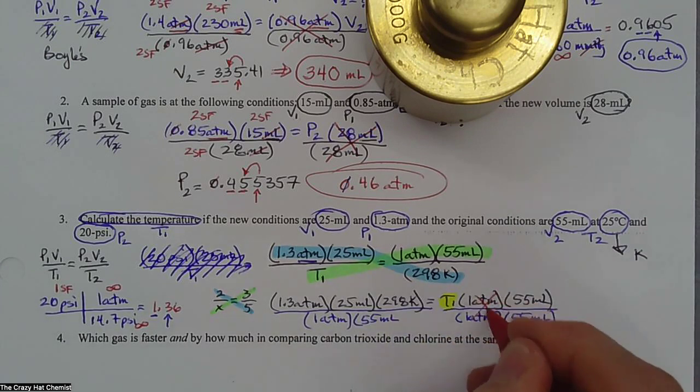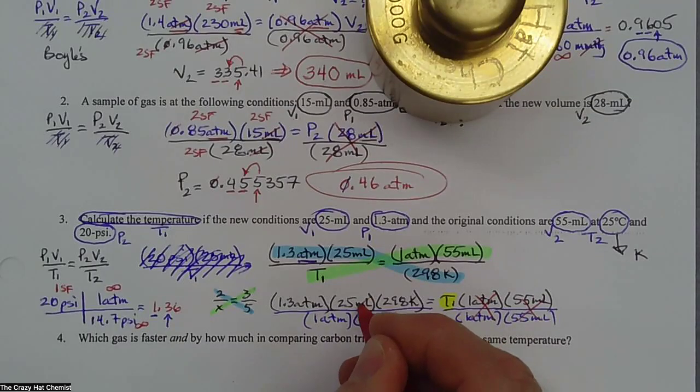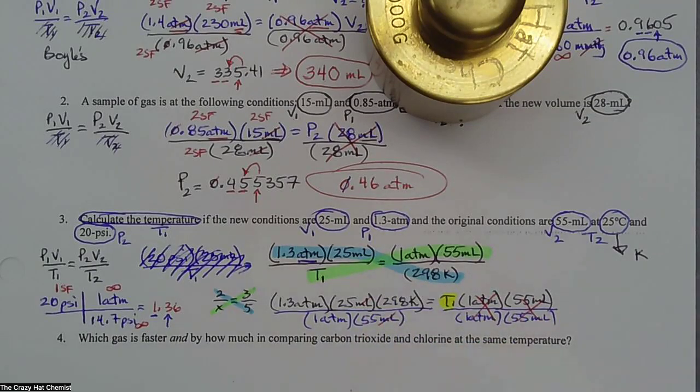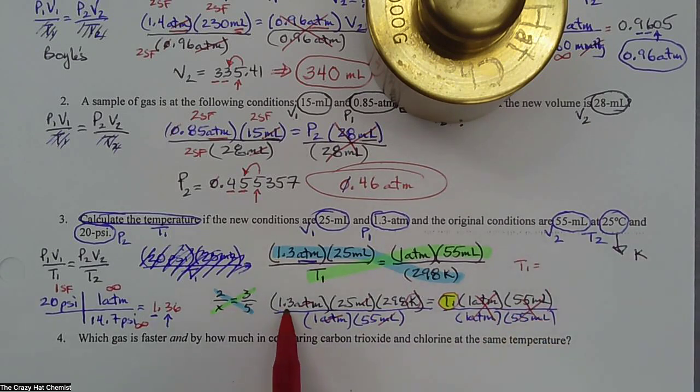These cancel out. These cancel out. These milliliters cancel out. Okay, and these atmospheres cancel out. I'm left with Kelvin, which is a temperature, and I'm really quite happy with that. I like that. T1 is going to equal 1.3 times 25 times 298 divided by 1 divided by 55.